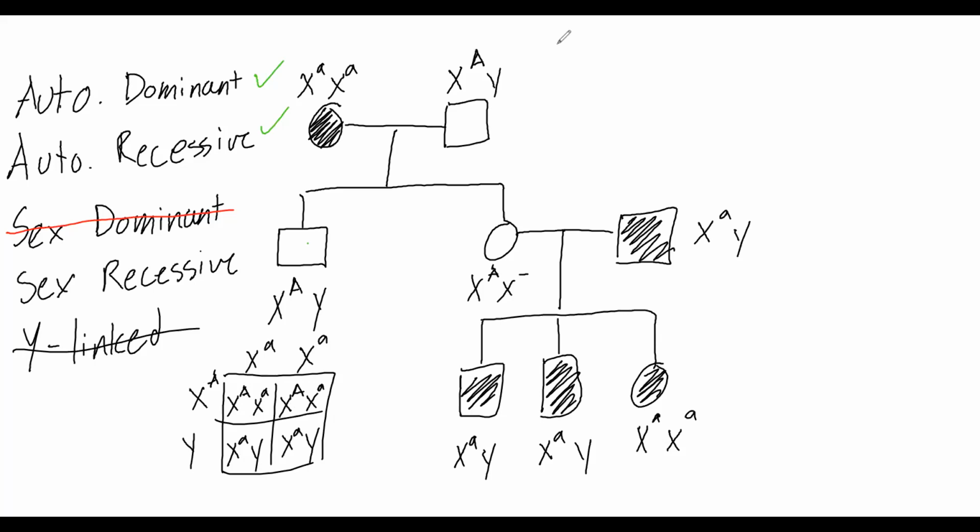Yes, no, perhaps. I look at this, I see this. That is not possible. It is not a sexually recessive trait, which means this whole tree can either be autosomal dominant or autosomal recessive. And I figured it out because I tested every single one.